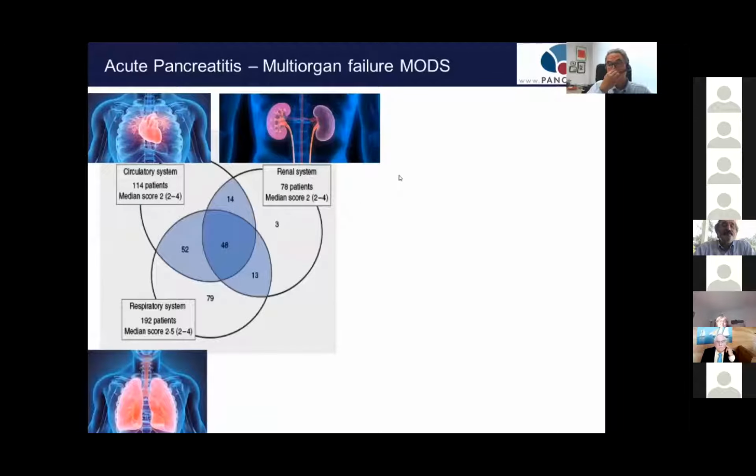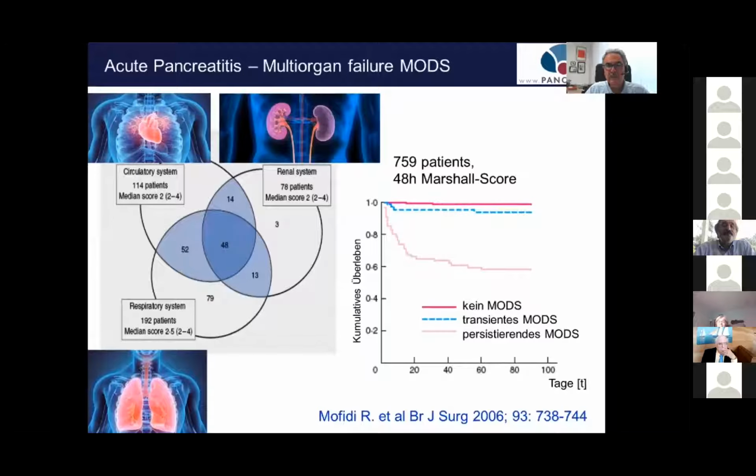Let's get back to the severity issue. You all know that pancreatitis comes in different flavors. That means very mild cases and very severe cases. We have learned that having organ failure, that could be renal failure, cardiovascular failure, or pulmonary failure, for longer than 48 hours is a very good indicator of more severe pancreatitis and of higher mortality.